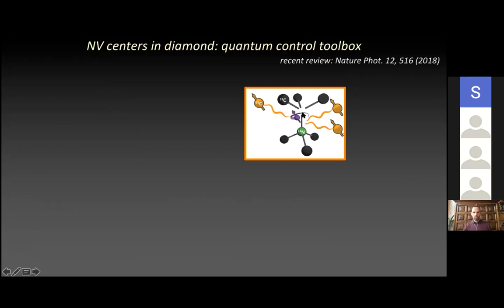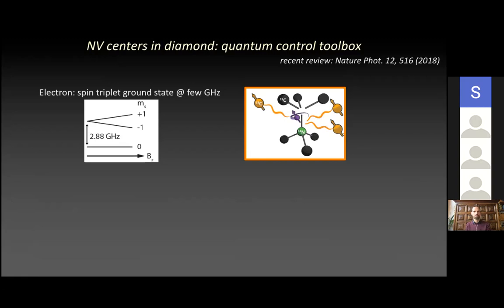The NV center really acts as a trap for electrons. The NV center in the negatively charged state that we will be talking about here actually takes up 6 electrons, but we can forget about 4 of them and only think of it as a 2-electron system for most purposes.